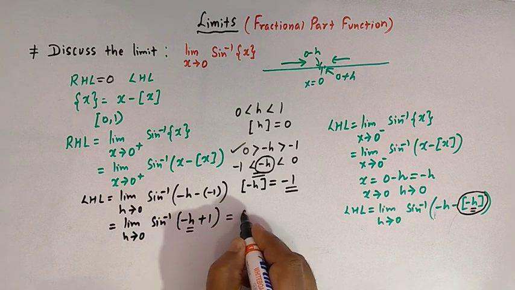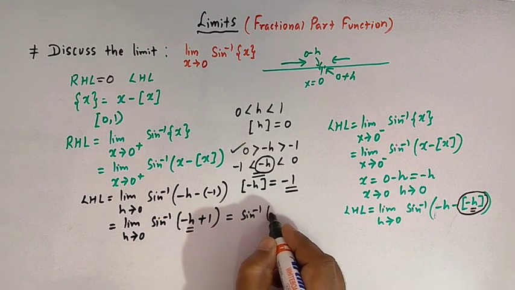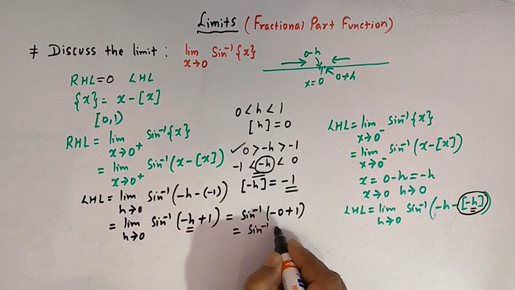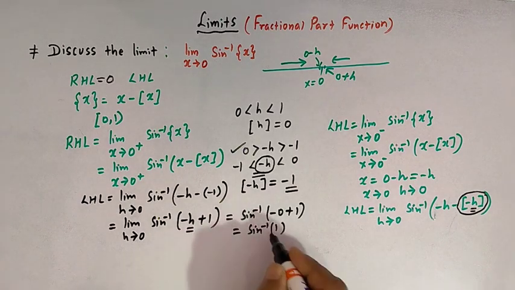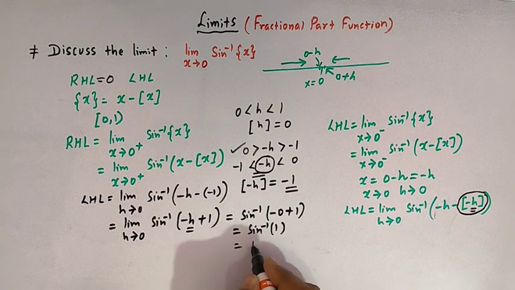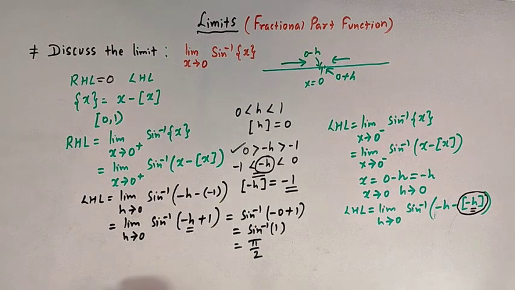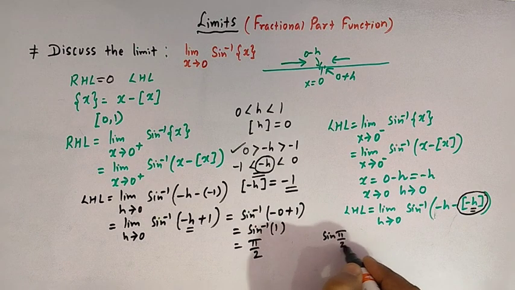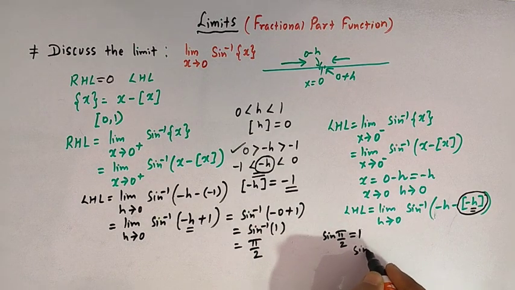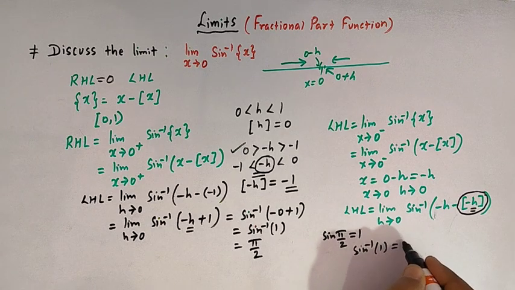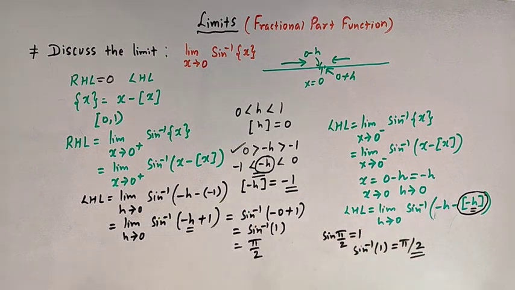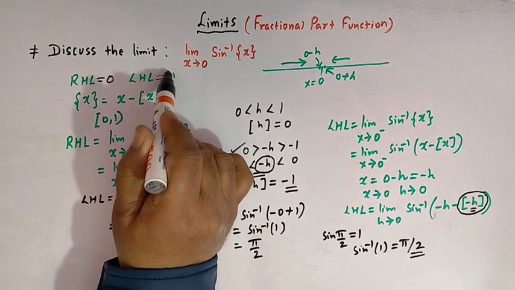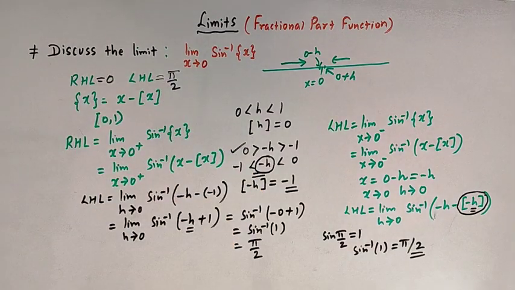So we have sine inverse of minus 0 plus 1, that is sine inverse of 1. And we know that sine inverse 1 is pi by 2, which is 90 degrees, because sine pi by 2 is equal to 1. So the left hand limit is equal to pi by 2.